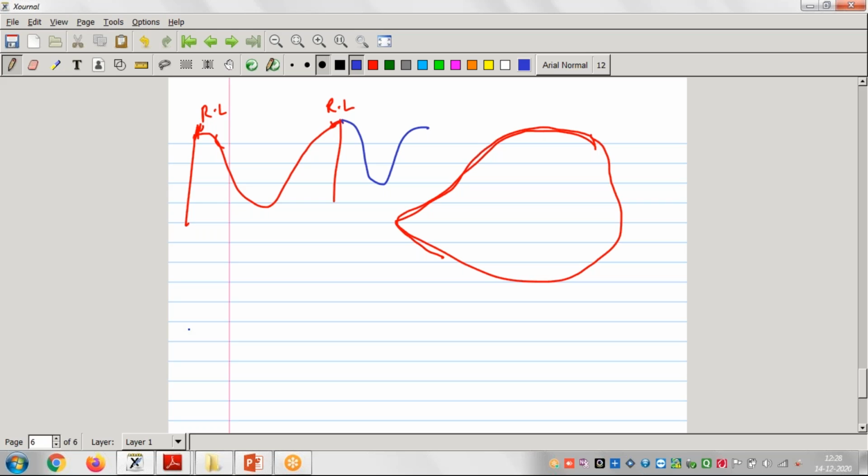Whatever water comes will be only in this area, right? This area is nothing but this one, and that is called the watershed, right? Now watershed is clear.